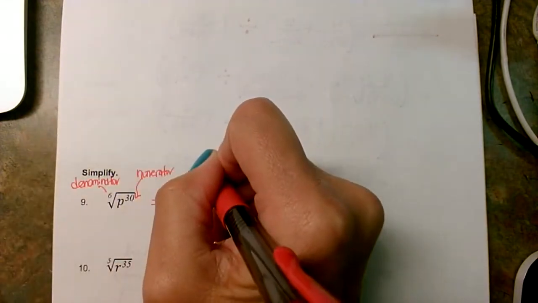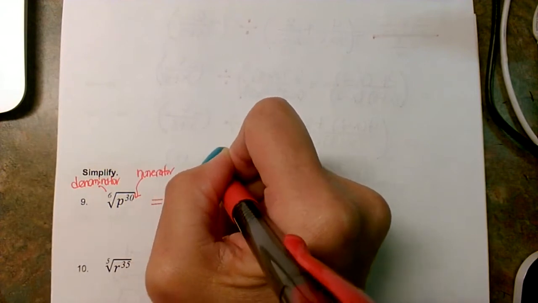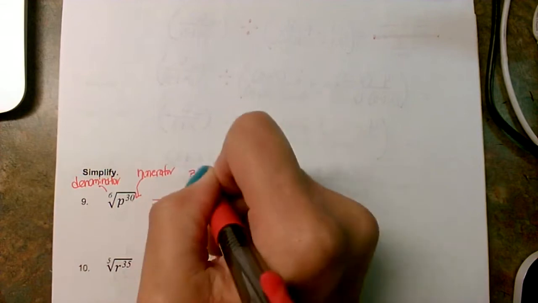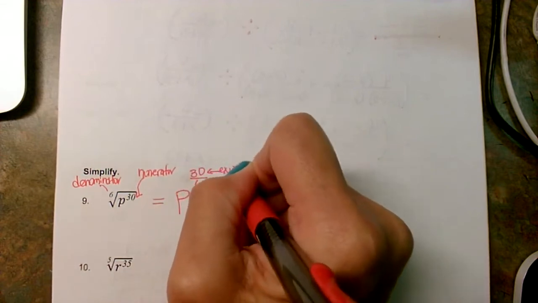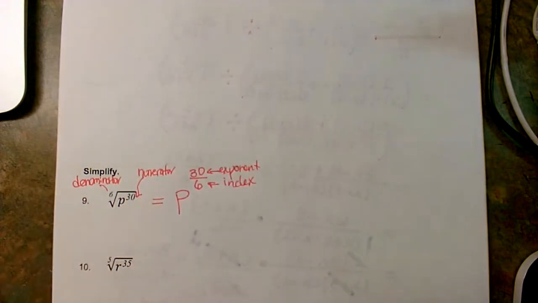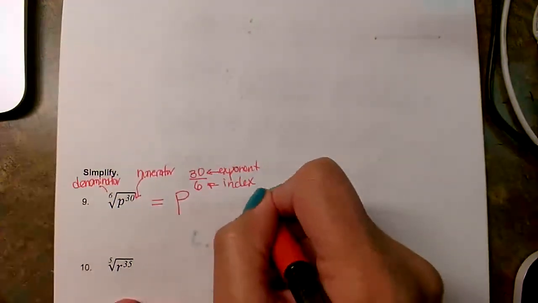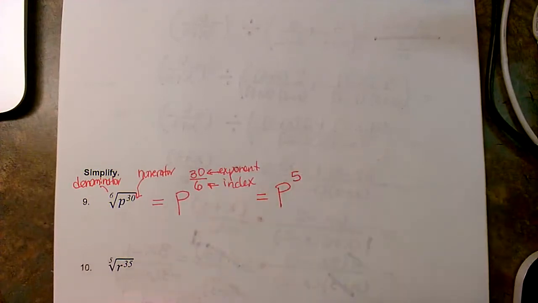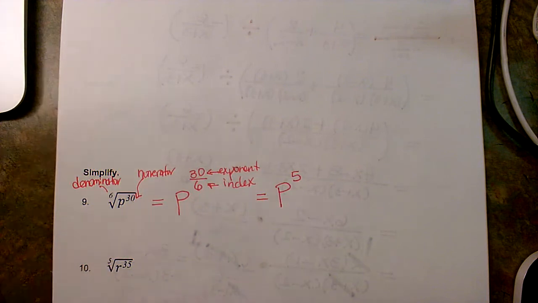Okay? So what is 30 divided by 6? That's 5, right? So it's going to be P to the 5th power. That's it. That's all you have to do there.